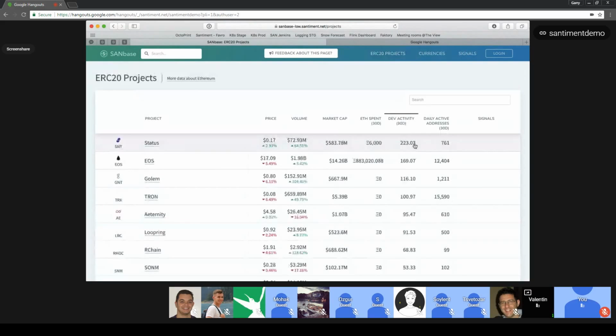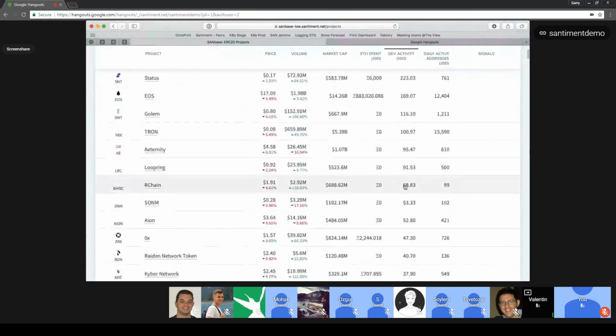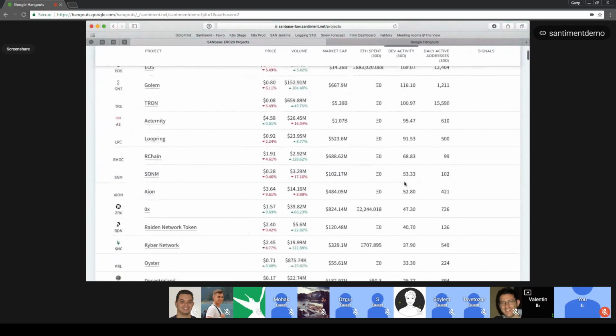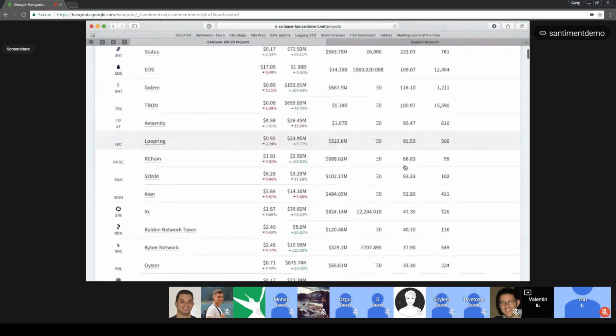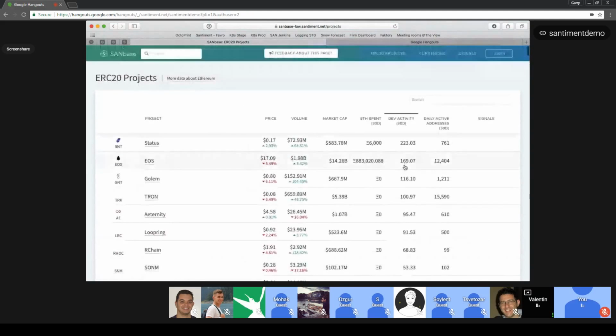You can do relative analysis like this, and you can see which are the projects that are mostly developed. And here the idea is that potentially projects with higher development activity will be shipping more features, will have better adoption across developers, and potentially could be more successful. So, a nice way to rank projects and figure out which might be more valuable in that sense.